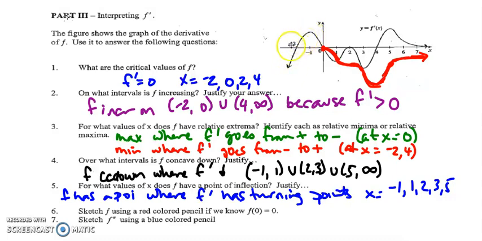Concave up from -infinity to -1. So I have a decreasing function, then an increasing function, all the while concave up, and then I am still increasing, but now concave down. So that is a pretty good graph of f.